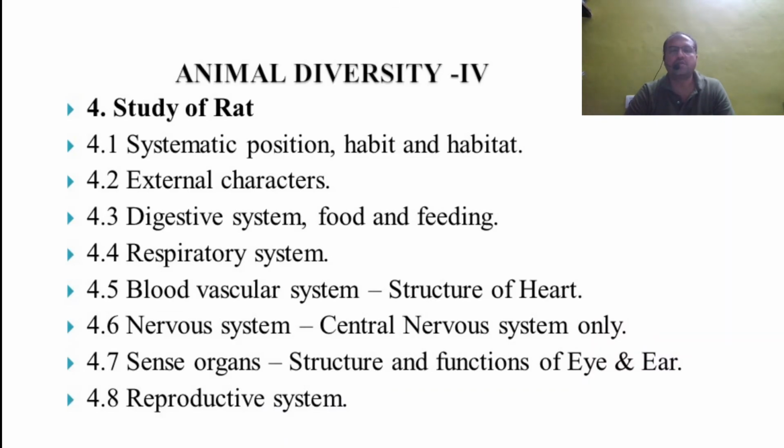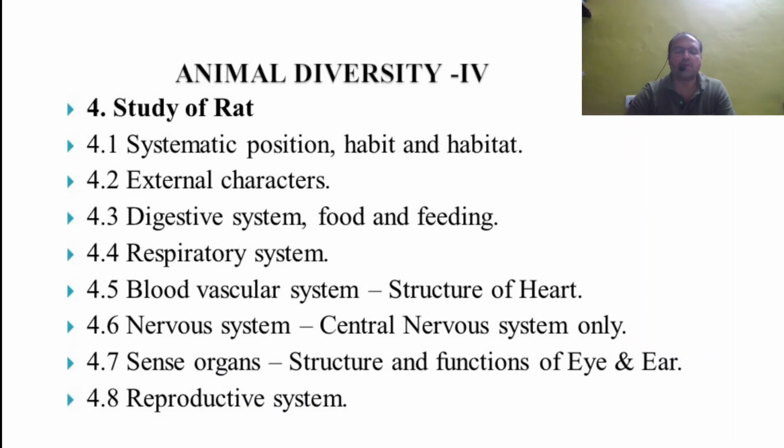So likewise, in this study of rat, this is the animal for type study, and we will study the rat in detail. Just as we studied Scoliodon in detail in the first semester, which belongs to the class Pisces, here the rat, which belongs to the class Mammalia, we will have to study in detail with all its anatomy and physiology.